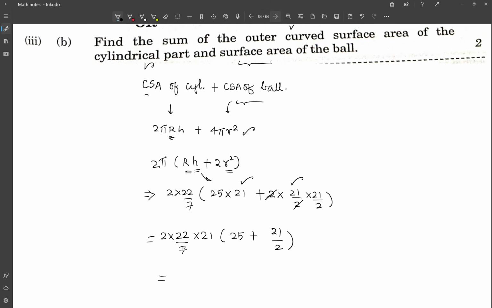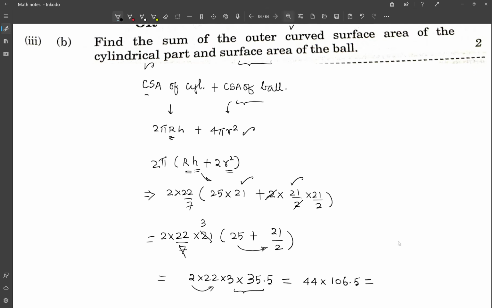So you can cancel 3 times. So 2 into 22 into 3 times of these two added together, which would be 35.5. So that is equal to 44 into 3 times of 35.5, so that would be 106.5.